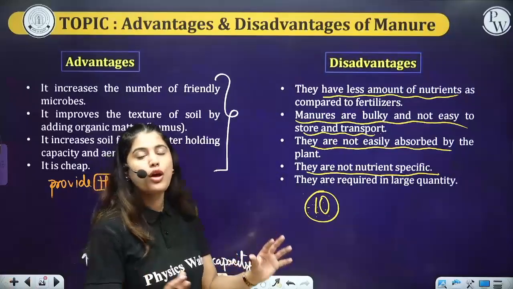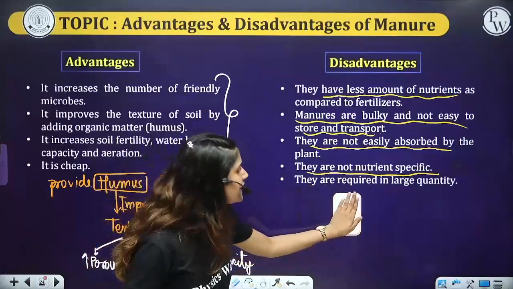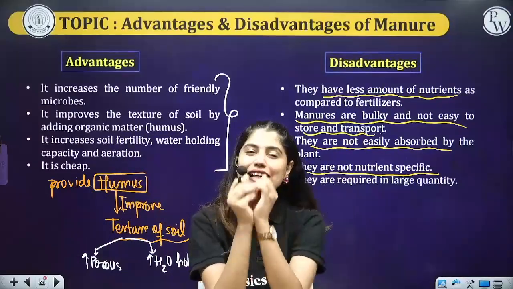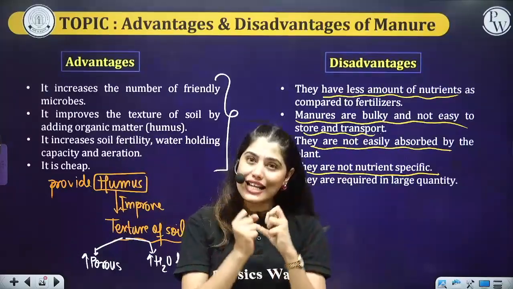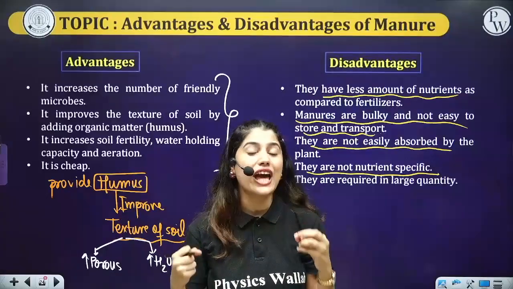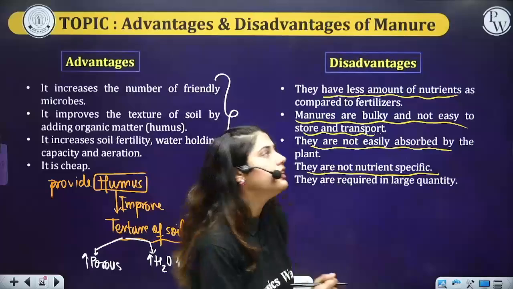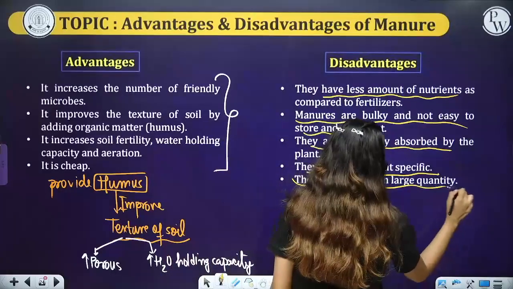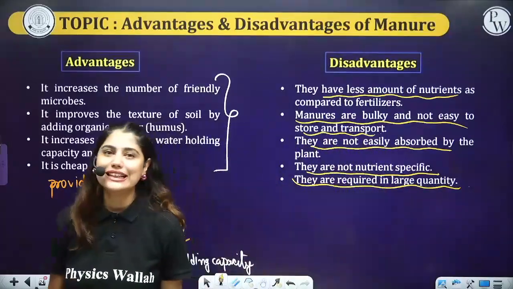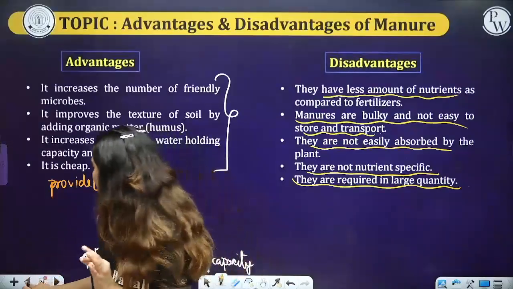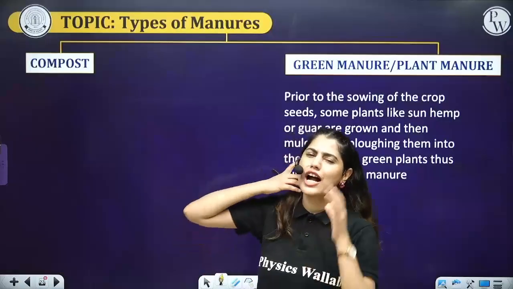You're going to give more amount of manure. So basically, manures are very less concentrated. They have less amount of nutrients. Hence, if we have to satisfy the demand of the plant, we have to supply the manure in large amounts, right? They are required in large quantity. That was about the advantages and disadvantages.